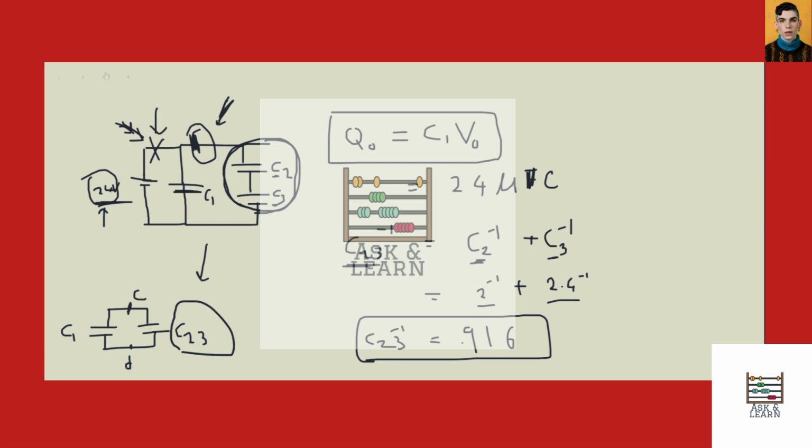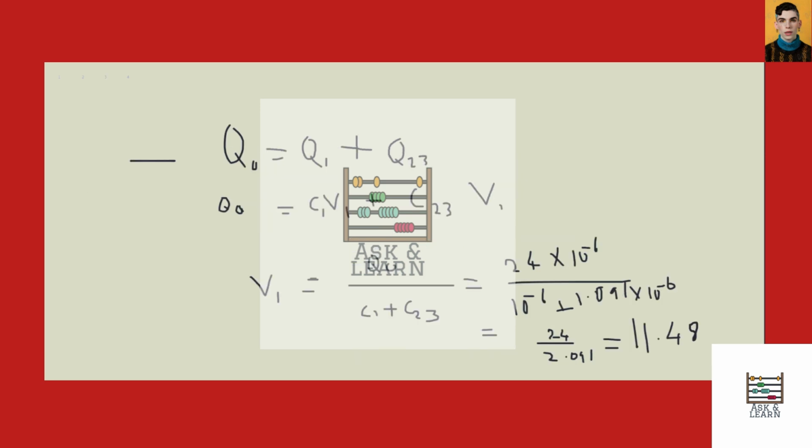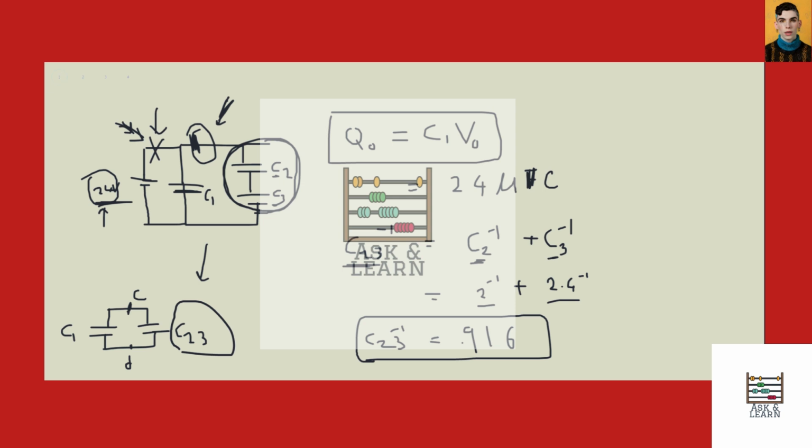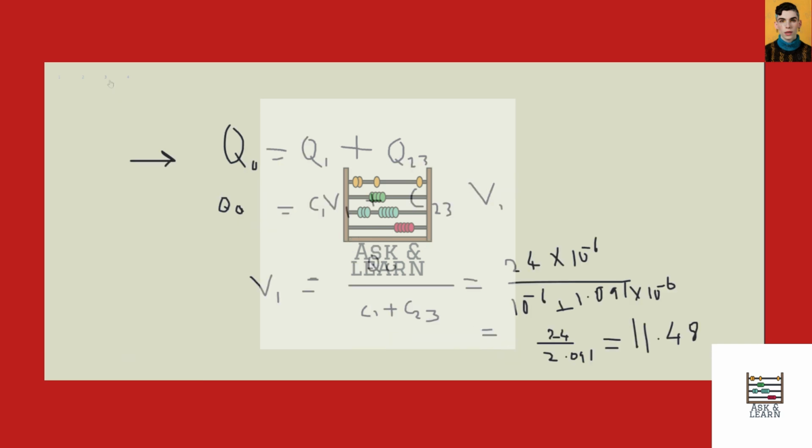So let's start with this Q0, because once you make this connection here, C1 deposits some charge on this series combination and charge is depleted on C1. So Q0 is distributed among C1 and C23 this way.